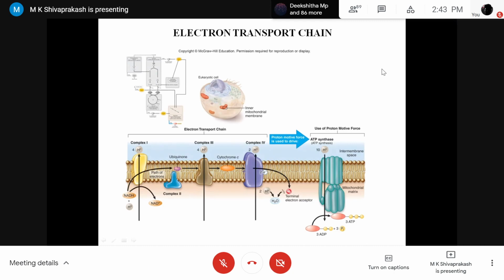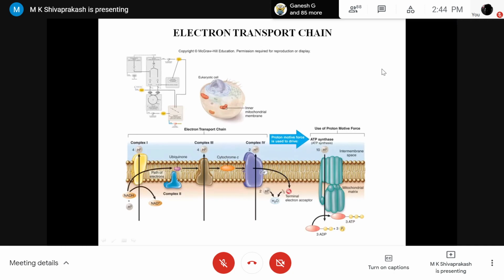So that is bacteria. Whereas in eukaryotic organisms, where is it found? It's found in the inner mitochondrial membrane, the cristae. Inside the mitochondria of eukaryotic organisms, this is found, and it is arranged in the form of complex 1, complex 2, complex 3 and complex 4, and at the end ATP synthase.